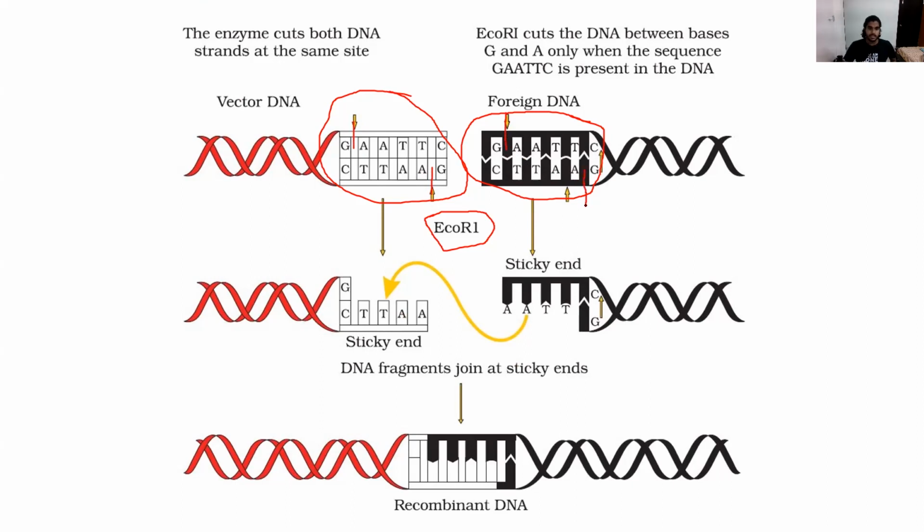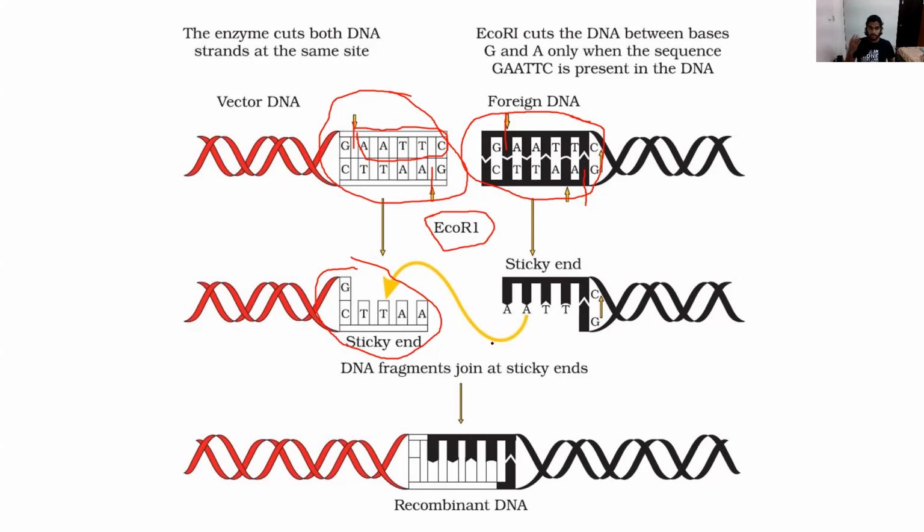It should be G and A. So once these cuts are made, you can easily appreciate that this piece will now float away, and you will get this formation, GCTTAA on the vector. Again, forget about what vector and foreign DNA mean for now, those will become clearer. And on the foreign DNA, you'll get GCTTAA.